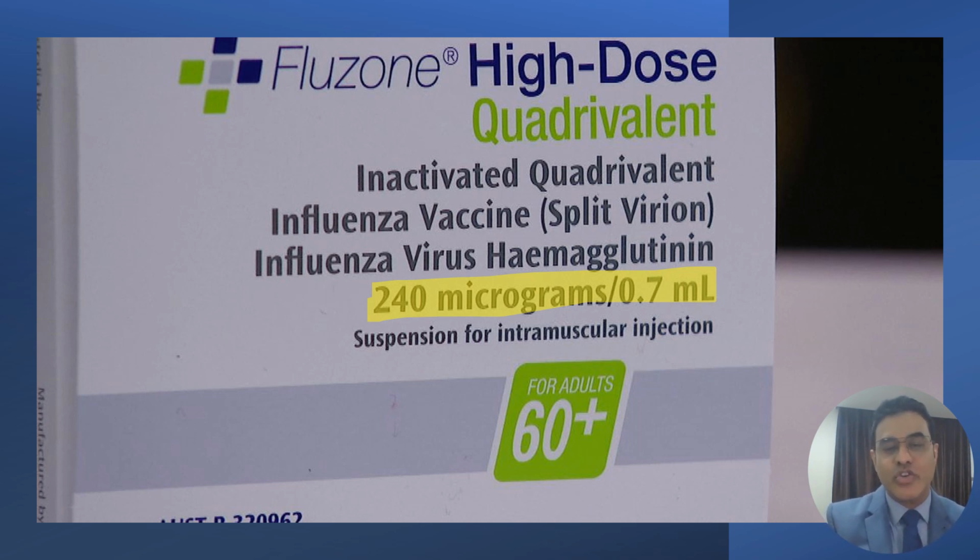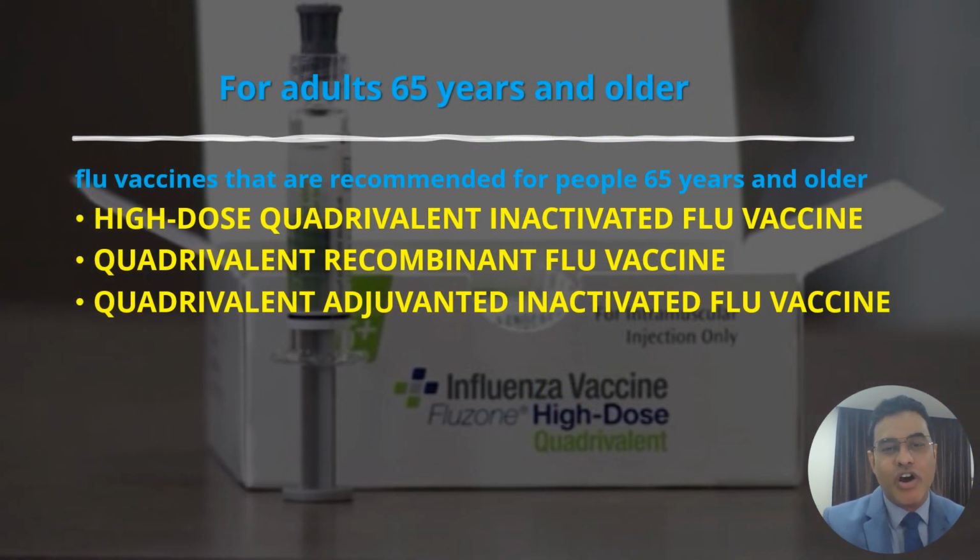So it is strongly advisable in almost all elderly people, and also in immunocompromised people because of the poor response to the vaccine. These are the common vaccines recommended in those people: the high-dose quadrivalent inactivated flu vaccine. If it is not available, plan for the quadrivalent recombinant flu vaccine or the quadrivalent adjuvanted inactivated flu vaccine.